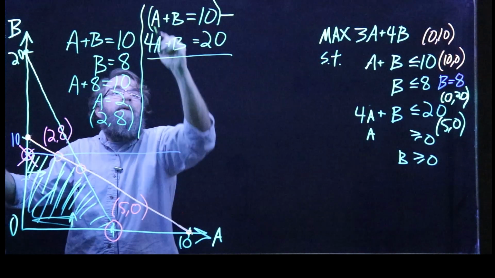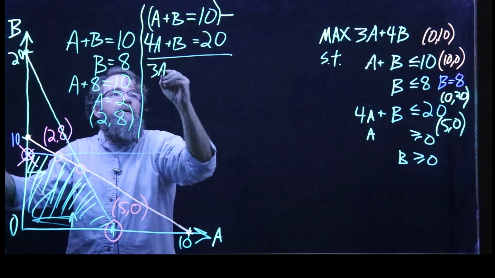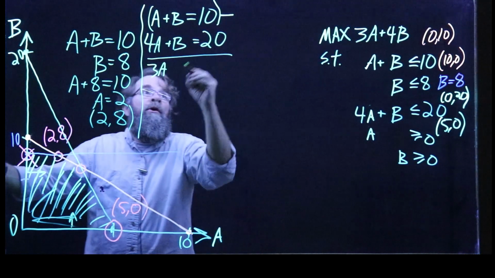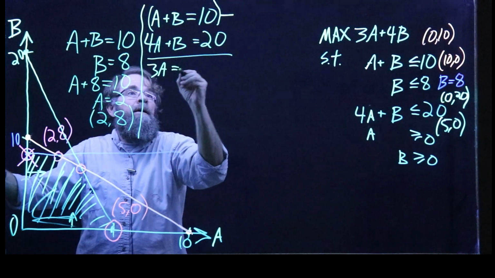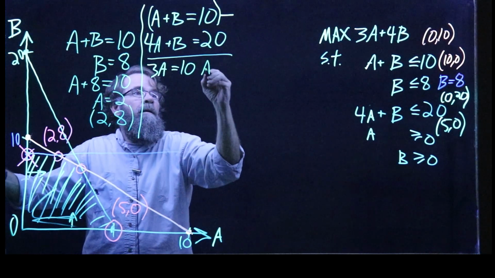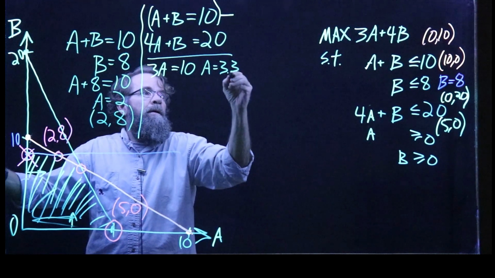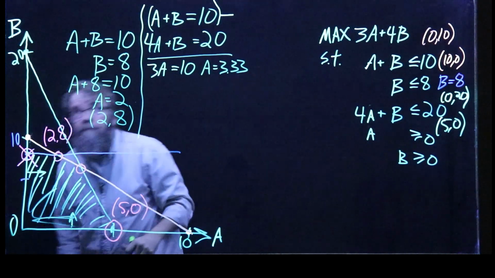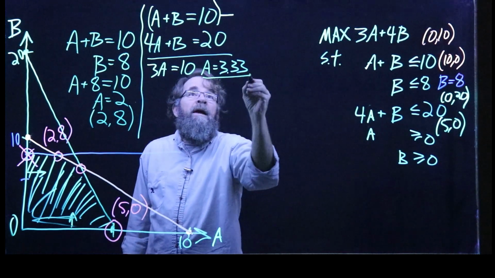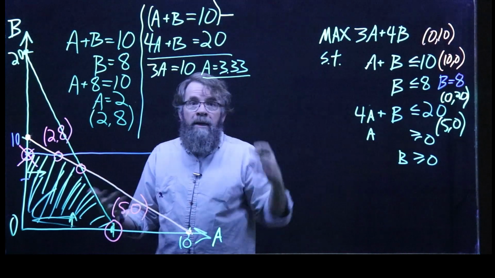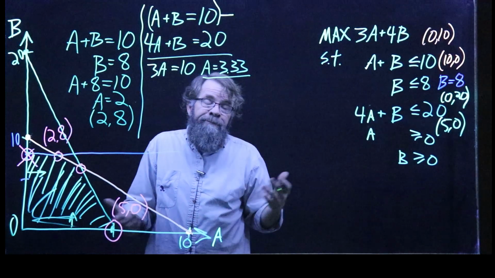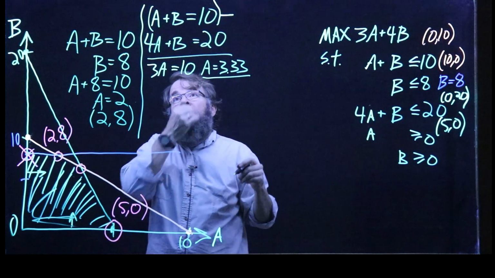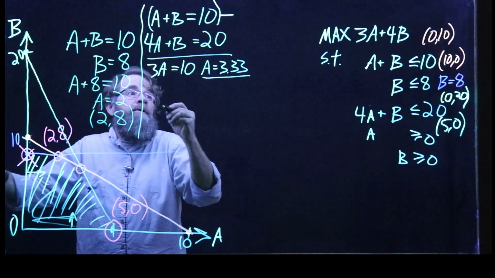So we have 4a minus a gets me 3a, b minus b, that's just 0b, so it just goes away. And then we have 20 minus 10 gives us 10, so a is 3.33, and so I know the value of a, and I could stick it into any one of these equations that I want. Obviously I'm going to choose the one that's easiest, so I'm going to choose the top one because I don't have to do any multiplication.